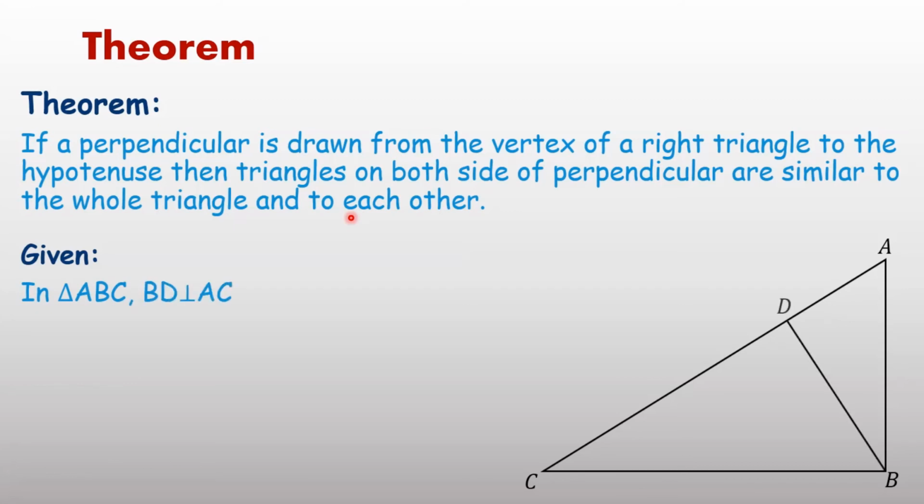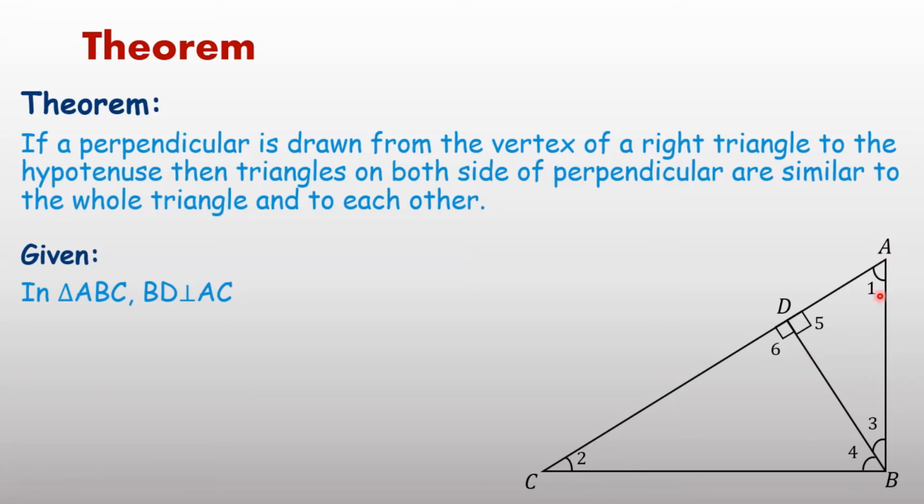Means, triangle ABC is given here. In triangle ABC, angle B is 90 degrees. If a perpendicular is drawn from the vertex of the right triangle, from point B, onto the hypotenuse, it will intersect the hypotenuse at point D. Then this right angle triangle ABC is divided into two parts.